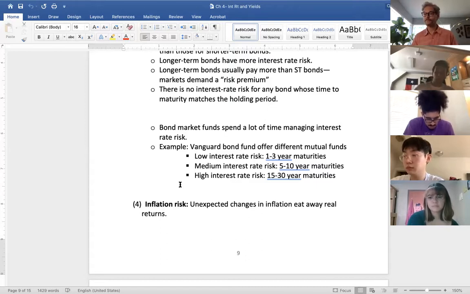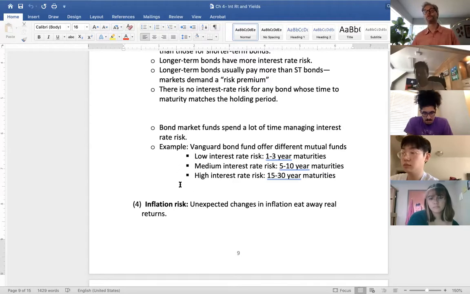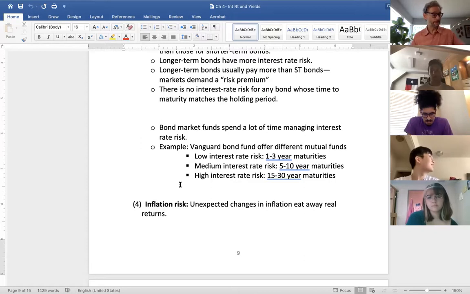Because you can have bond funds that are just as risky, just as high return, high risk as stock funds, quite honestly, right? And so balancing your portfolio between stocks and bonds is not the only thing that you have to do to think about diversification, right? You have to do a lot of things. And in particular, you're going to need to diversify the kind of bonds you hold, as well as diversifying the kind of stocks you hold. All right.